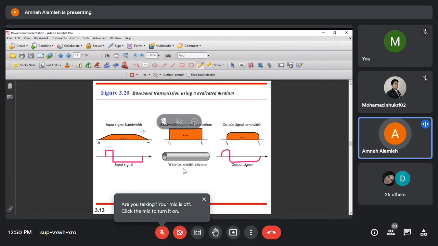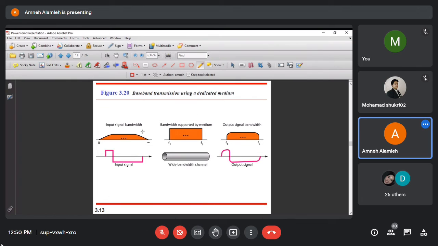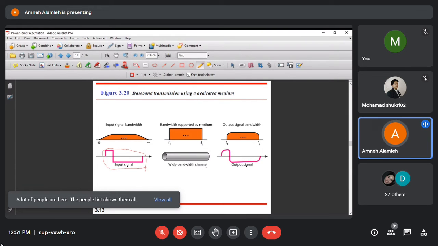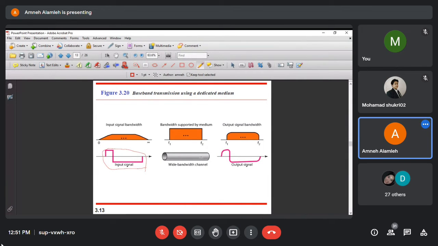We said with baseband that we can send the signal as it is without conversion to analog signals. Through what? Through a wide bandwidth channel. It should be a wide bandwidth channel because the digital signal has very high frequency.